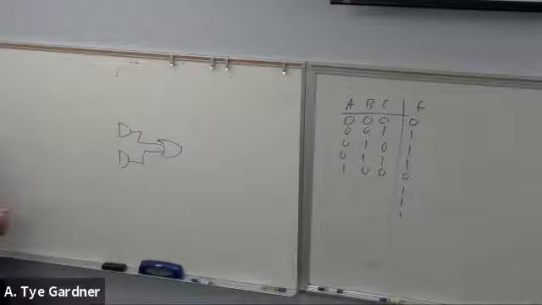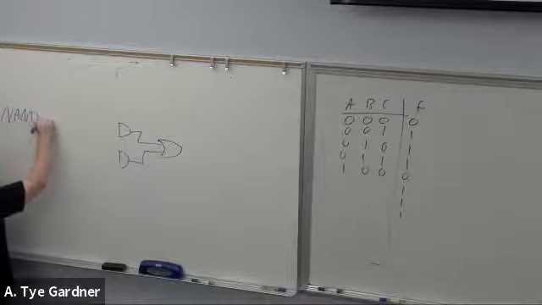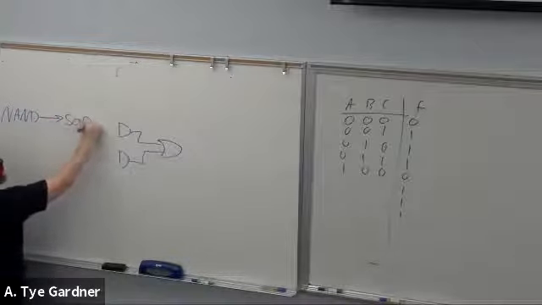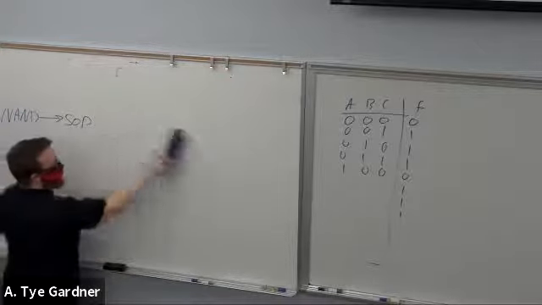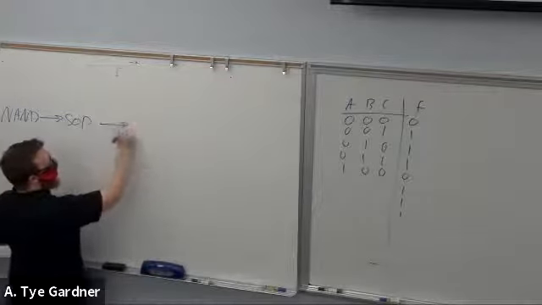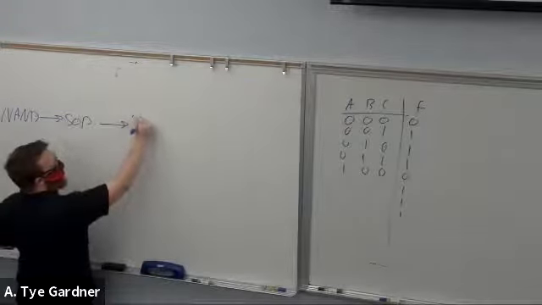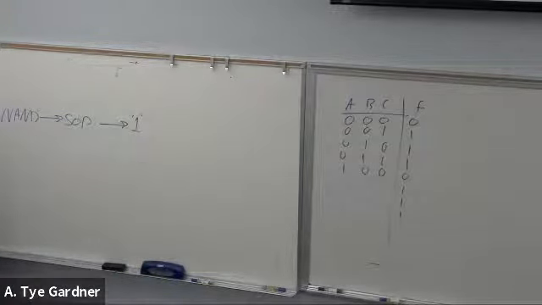What that means is I need a sum of products for NAND, right? So if NAND, sum of products, which means use the ones, either min terms or circle the ones in your K-map, whatever method you're using.